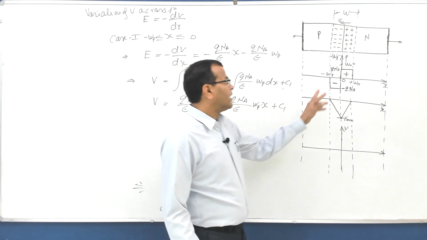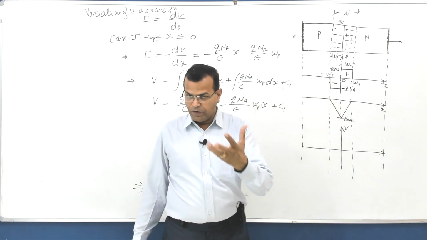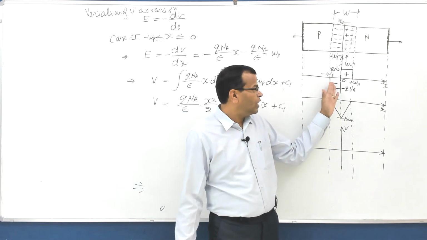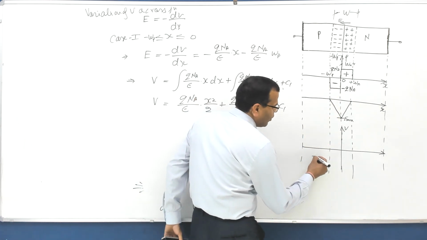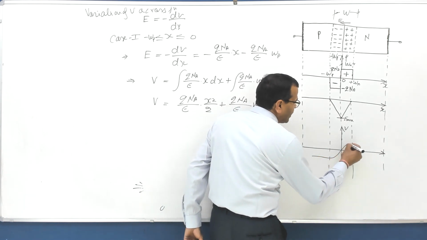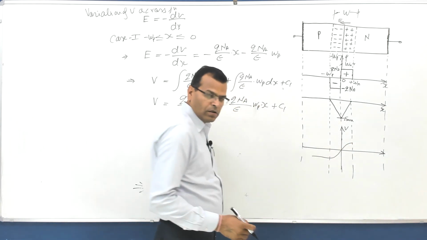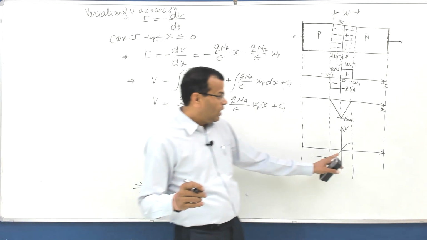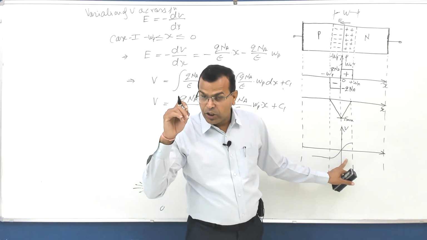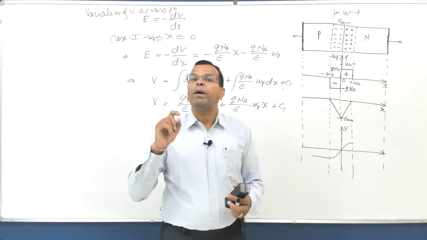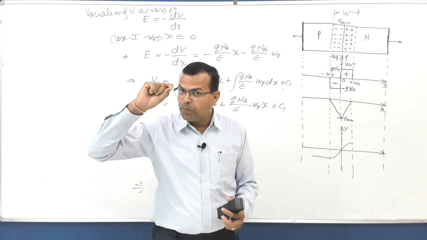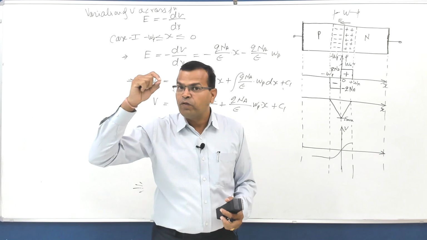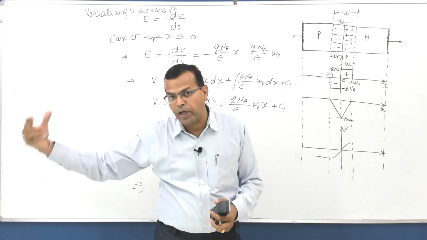Remember, electric field is 0. That is from the electromagnetics, but potential across the junction may be like this. Please see this. Either you can draw it like this, you are taking from certain value, it is 0 at junction. You can assume the potential at junction equal to 0. Potential, remember, is always taken with respect to a reference. When you measure the potential at a point, that is always taken with respect to some another point.